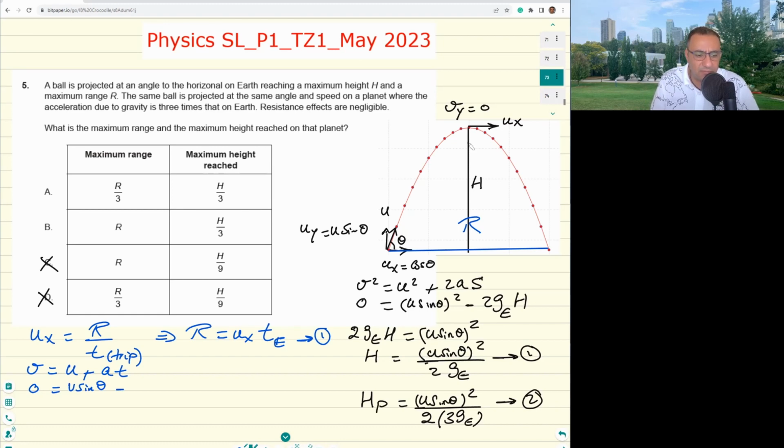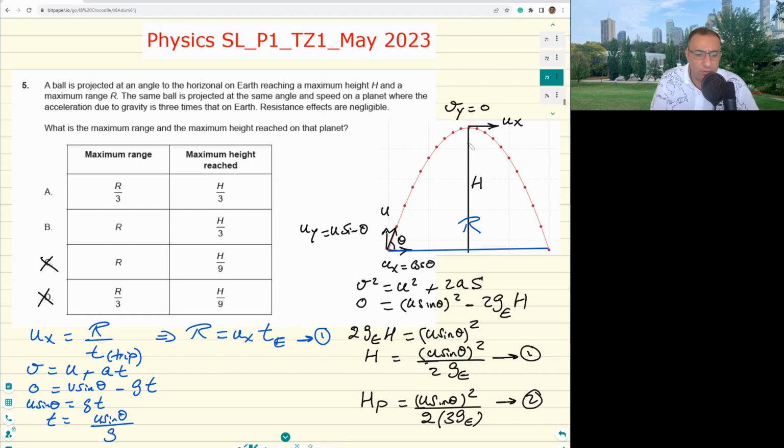And then minus gt, because going upward, gravity has to be negative. So that implies that u sine theta equals gt. That's the time to reach the maximum height. So t is u sine theta over g, right?